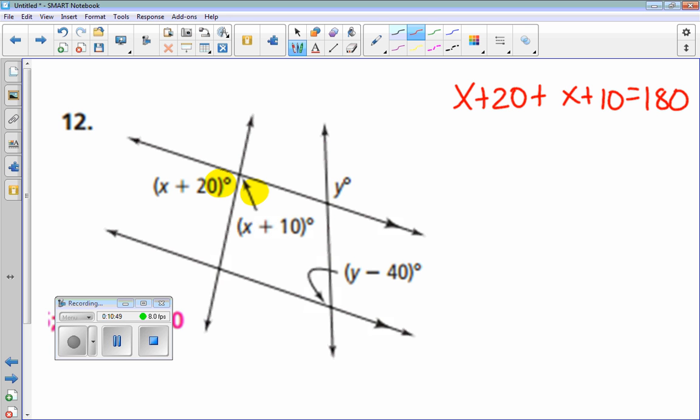Okay? So we're just worried about the x's right now. Just the x's. And so at this point, what we're looking for is what x is, and I need to solve it. So Dina, tell me what I do.